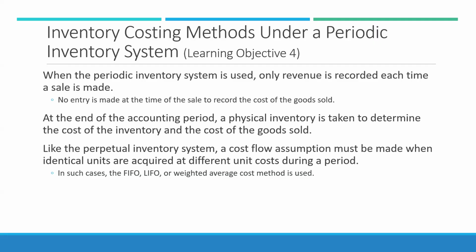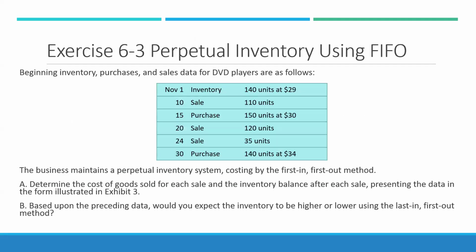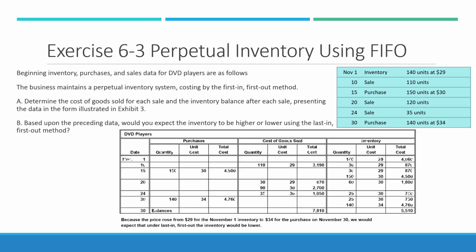And we have our purchases, freight in, purchase discounts, and all that. So in this example, we have a number of purchases and sales, and we're going to compute the first in, first out inventory cost.